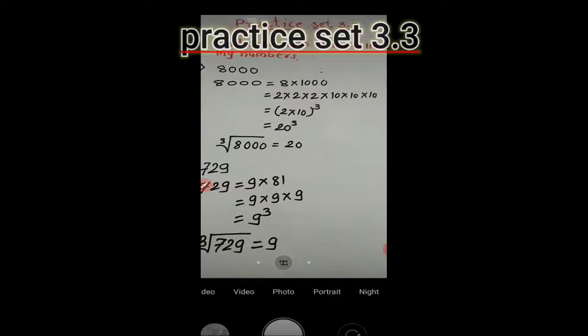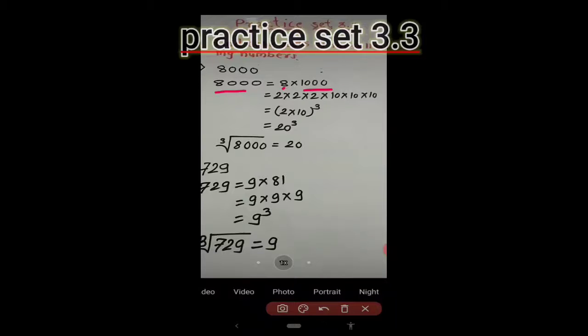The first number is 8000. Students, we have to write this 8000 as 8 into 1000. 8 is 2 into 2 into 2, and 1000 is written as 10 into 10 into 10.